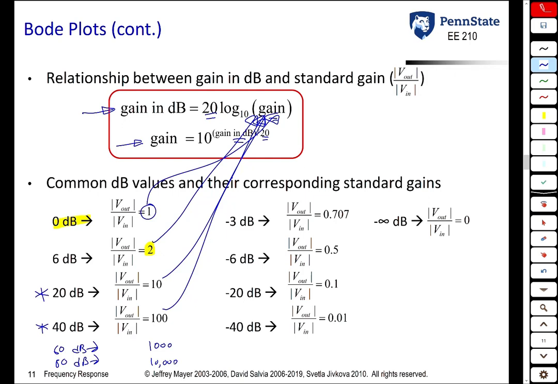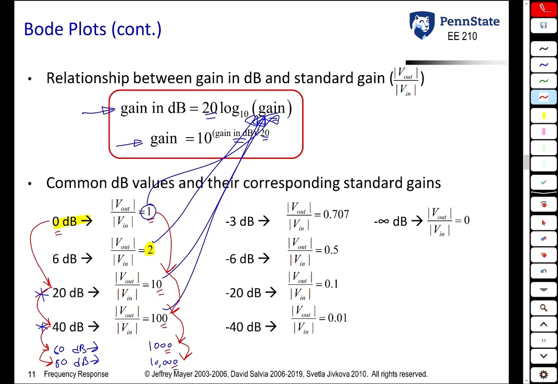In fact, what we see is every time you increase the gain by a factor of 10, from 1 to 10 to 100 to 1,000 to 10,000, you increase the dB gain by 20, from 0 to 20 to 40 to 60 to 80.